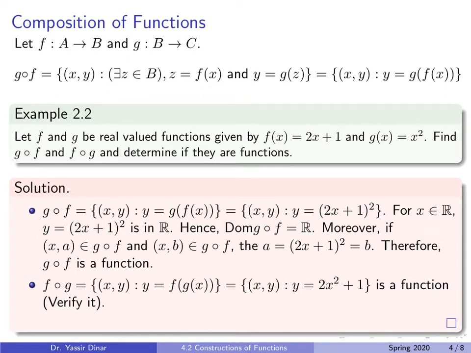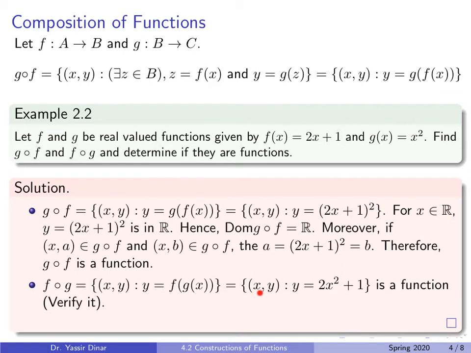Similarly, since G and F are functions and we want to find the composition of G and F, that means we want to find F circle G. Since they are functions, we can use this rule here, but the first is G and then F. So this gives all pairs X, Y such that Y is equal to F(G(X)). We apply the function G to X, and then we apply F to the result.